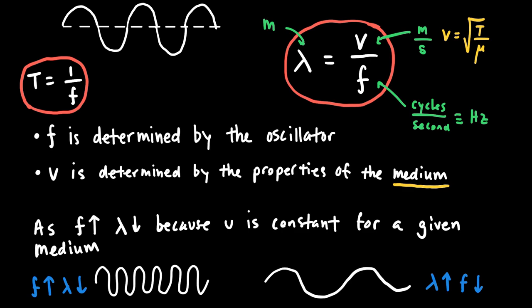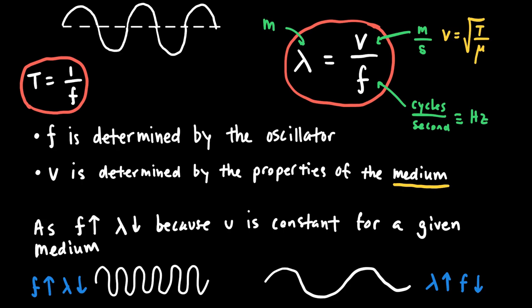For example, if I have a wave on a string, then that string has a certain tension and a certain mass per unit length. And the tension and the mass per unit length are physical properties of the string, and it's those properties that determine how fast the wave travels along it. How quickly I shake my hand back and forth does not affect how quickly those waves travel along the string.